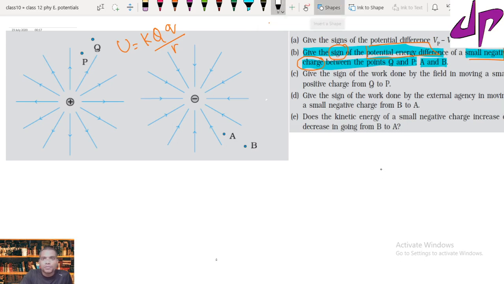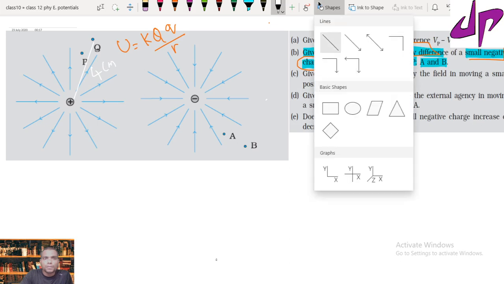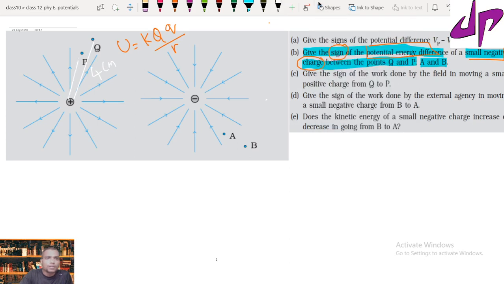So as usual, for calculation purposes, let the distance from the source charge Q to location Q be 4 centimeter, and from the source to P, I would like to take this distance as 2 centimeter.